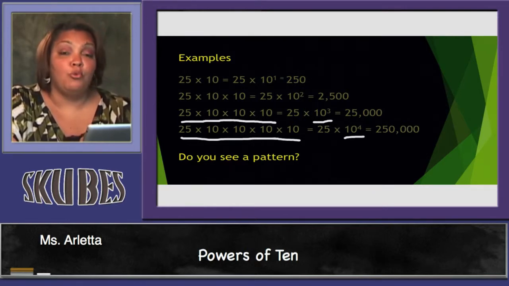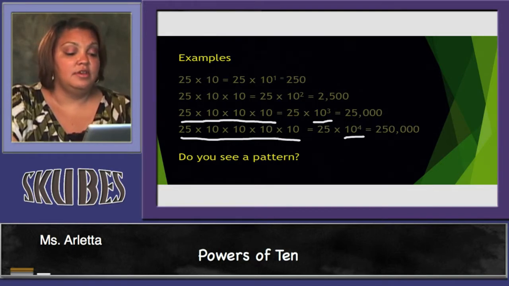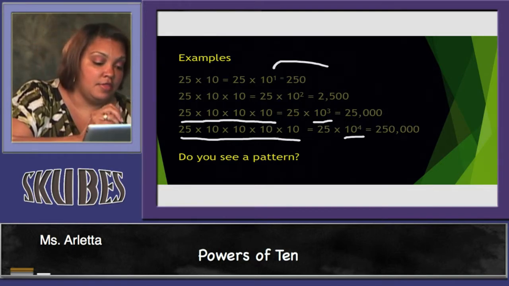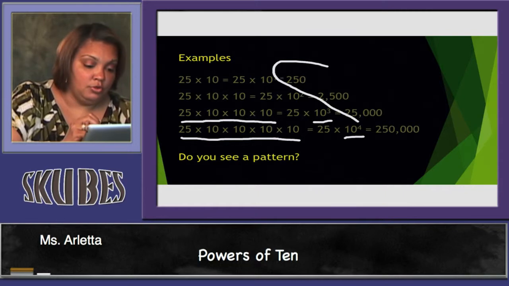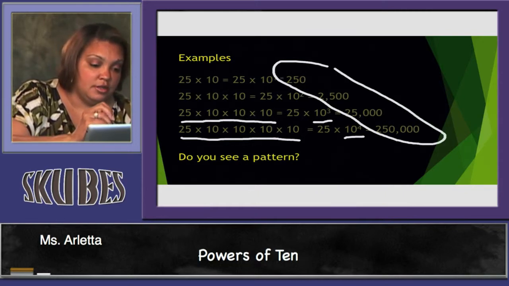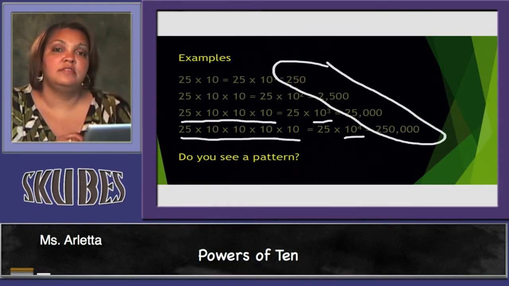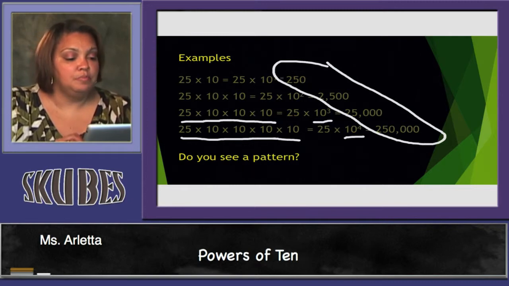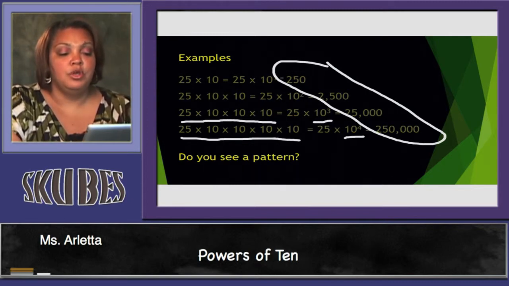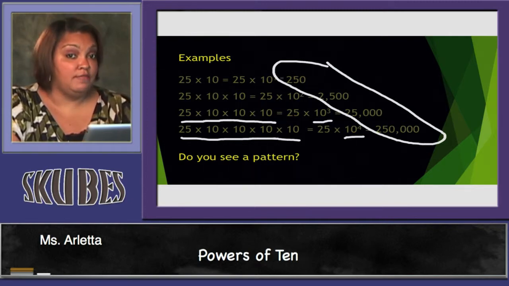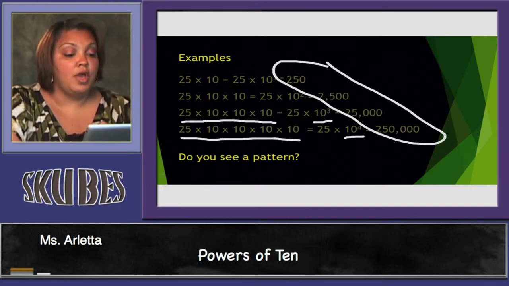What I really want you to notice is a pattern in the answers. So what I'm doing right now is circling it just to emphasize it a little bit, and you can see for the very first one you have 1 zero behind that 25, which makes it 250. For the very second one you have 2 zeros behind that 25.